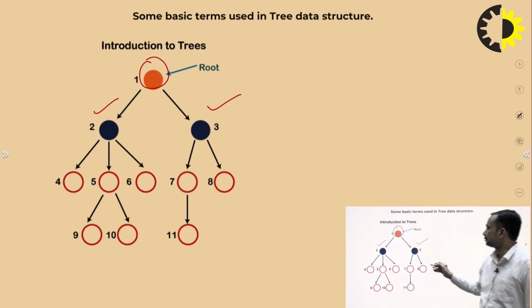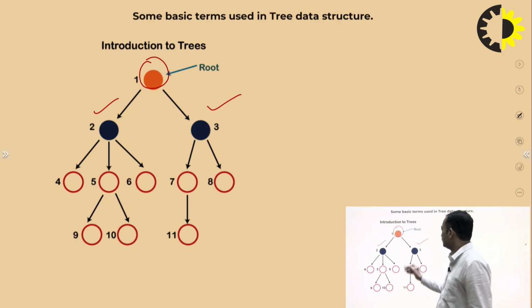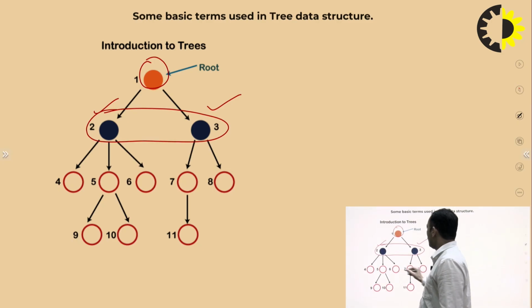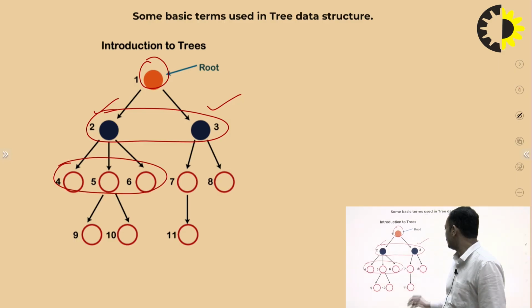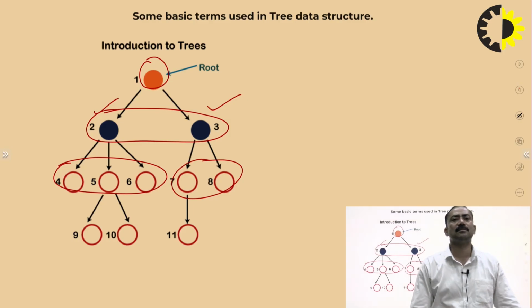Siblings. What is a sibling? The nodes that have the same parent are known as siblings. So in this case, 2 and 3 are siblings, 4, 5 and 6 are siblings, and 7 and 8 are siblings.